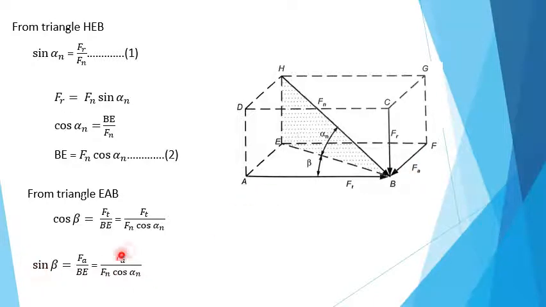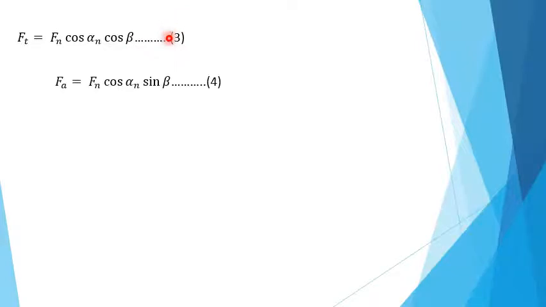So we can write sin beta as Fa divided by BE, which is Fn cos alpha n. Therefore Ft can be written as Fn cos alpha n into cos beta from the last equation. Let's take it as equation number 3, and Fa can be written as Fn cos alpha n into sin beta. Let's take it as equation number 4.